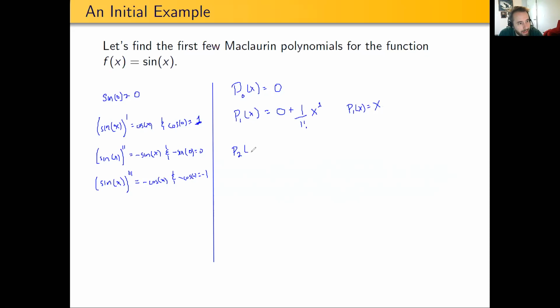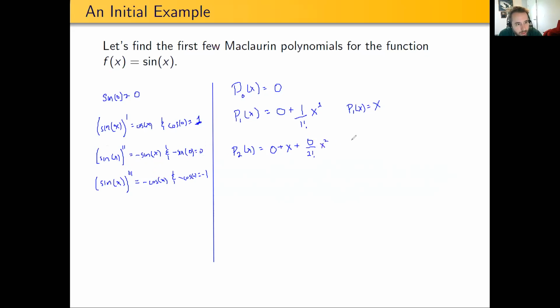P sub 2 of x would be 0 plus x plus, and then we get our term that corresponds with the second derivative. So that would again be 0. Formally, that would be 0 divided by 2 factorial times x squared.